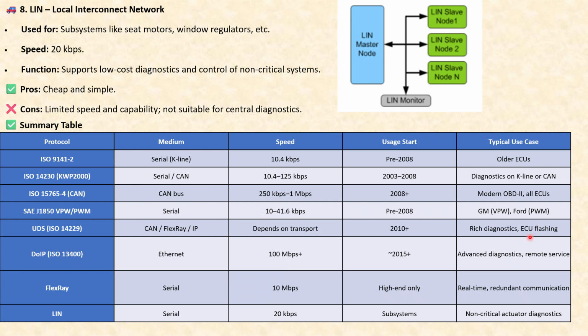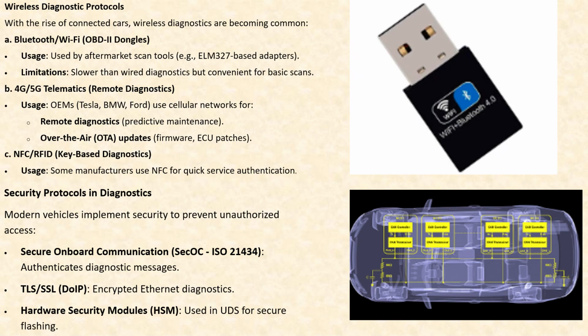Now, some modern protocols like wireless diagnostic protocols are emerging into the market, and with the rise of connected cars, wireless diagnostics are becoming more common. The first most important wireless protocol is Bluetooth and Wi-Fi, which is enabled with the help of OBD dongles. On the right side you can see a photograph of an OBD dongle.